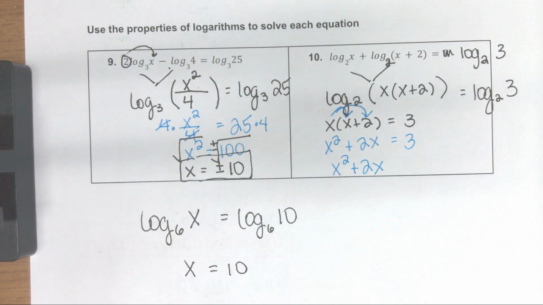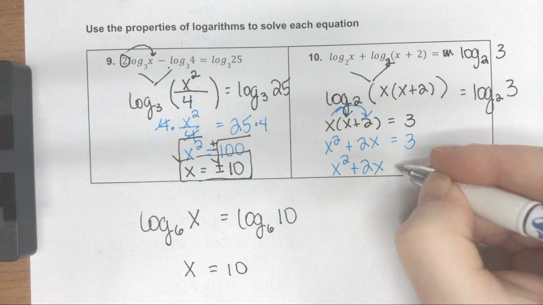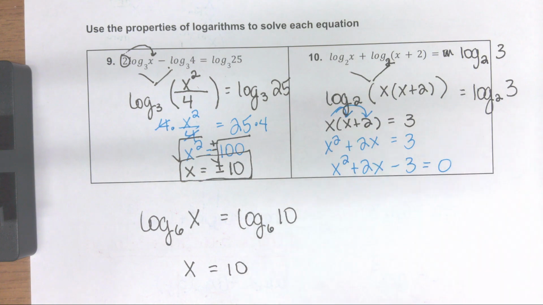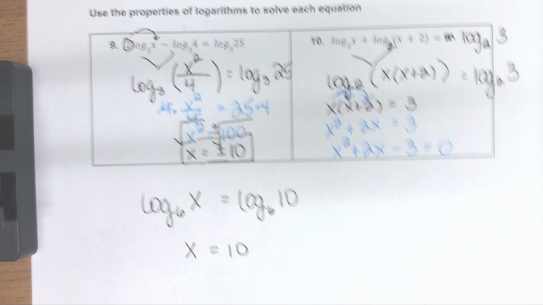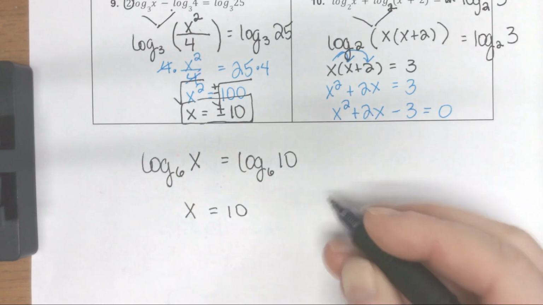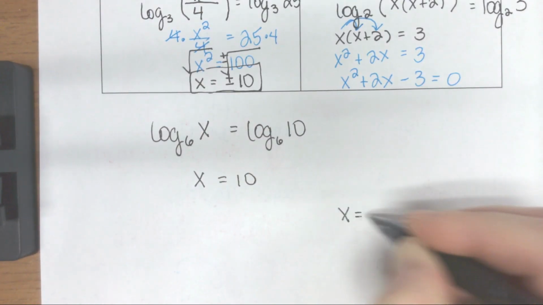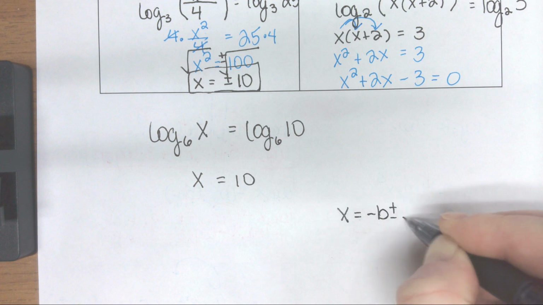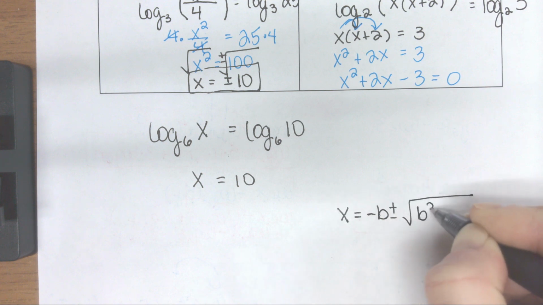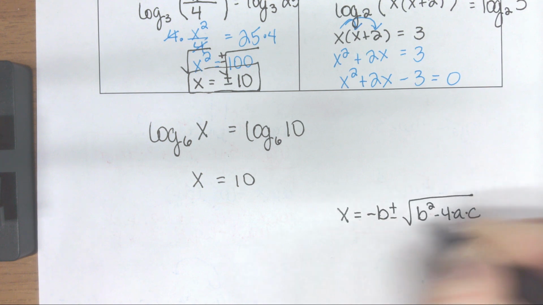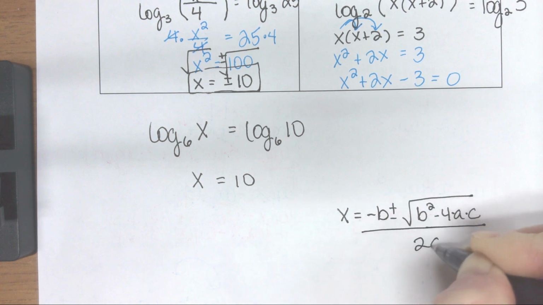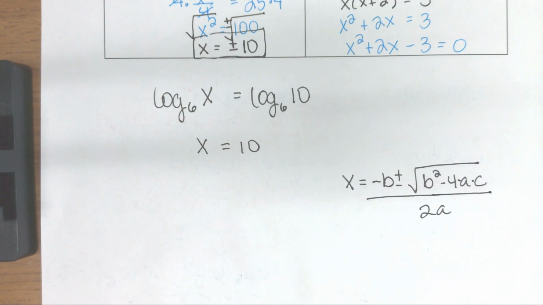I have to move the 3 to the other side. If you're going to run it through the quadratic formula, a reminder here, I'll write it below. X equals negative b, plus or minus square root, b squared minus 4ac, all over 2a. Go for it, okay? But I'm going to go ahead and factor this.